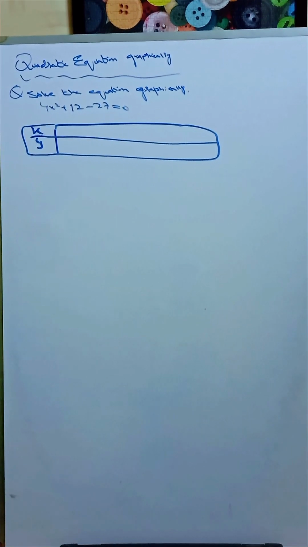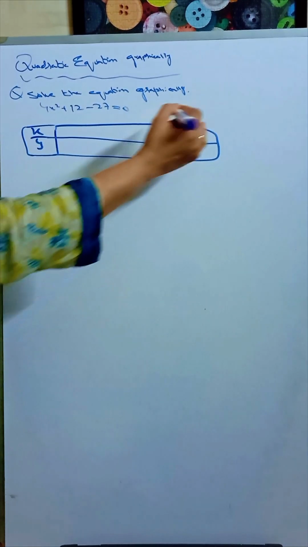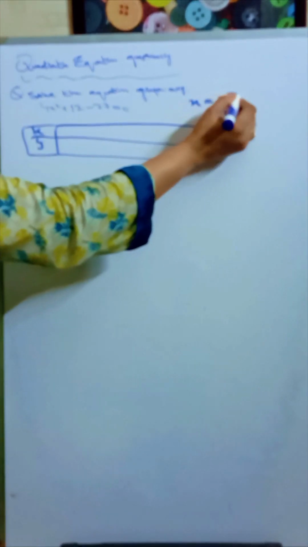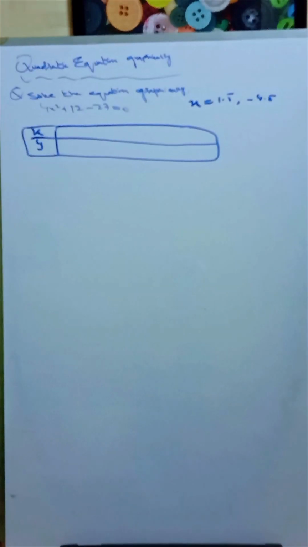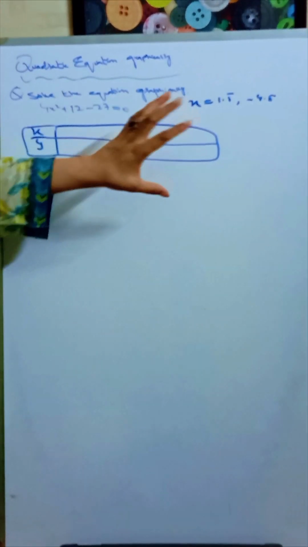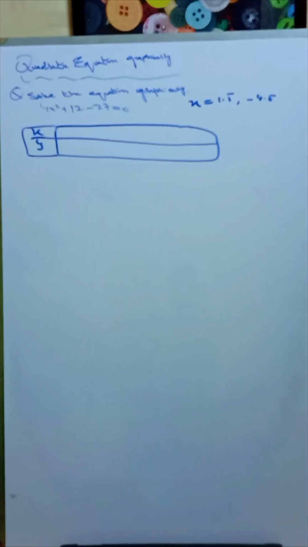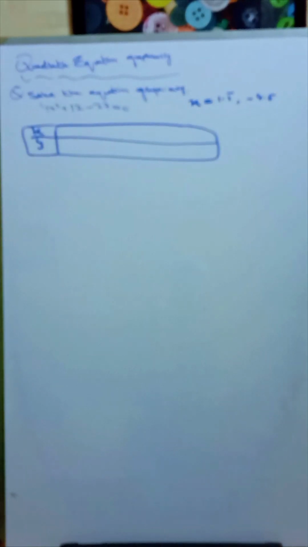Now we have the points of intersection where it cuts the x-axis, that is x equals 1.5 and minus 4.5. So we have to take these values and make the graph of these values where it cuts the x-axis.